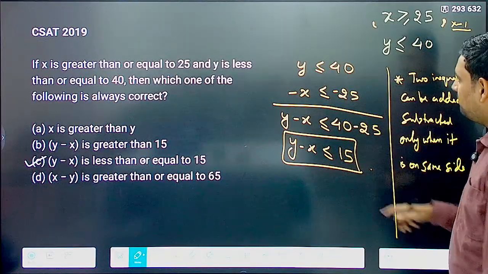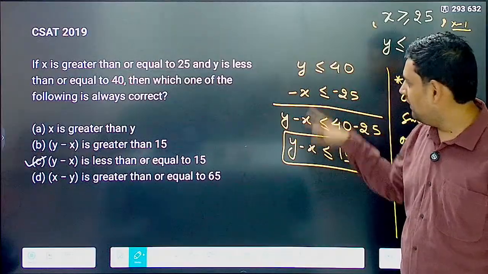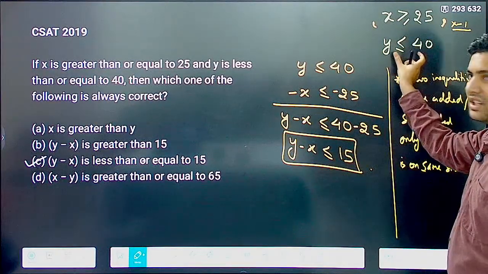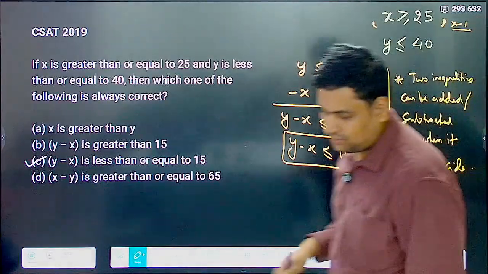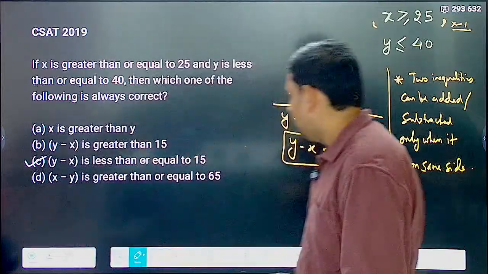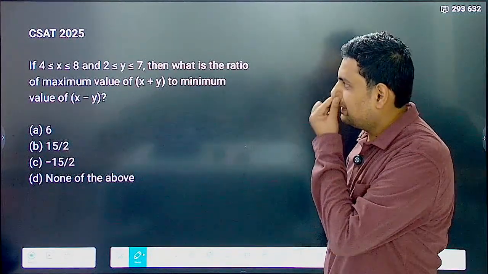For example, here it is less than and less than, then you can add. If both are more than, then you can also add. But if one is more than and the other is less than, then you cannot add. Yes, Dheeraj. Yes, Shweta. Yes, Ranjan. Good.